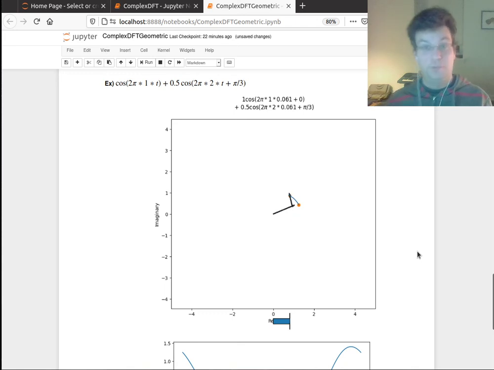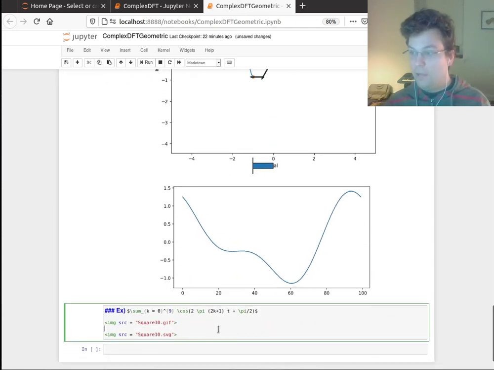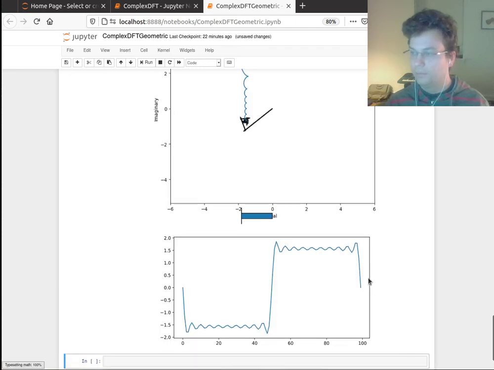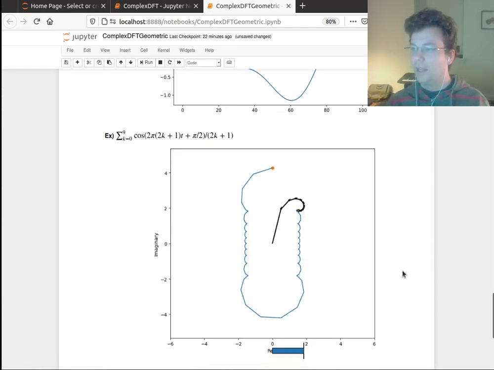Now here's what gets really cool. If I go back and make a square wave by summing a bunch of sines together, a sine is a cosine shifted by pi over 2, so cosine of that plus pi over 2. And I take every other harmonic and I scale the harmonics by 2k plus 1. Okay, so if I go in the harmonic series, watch what I get.